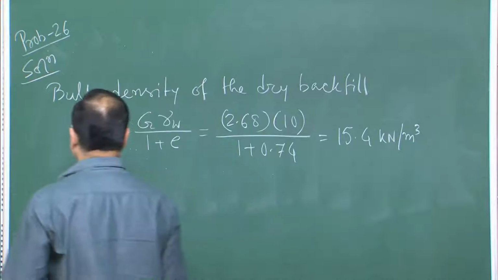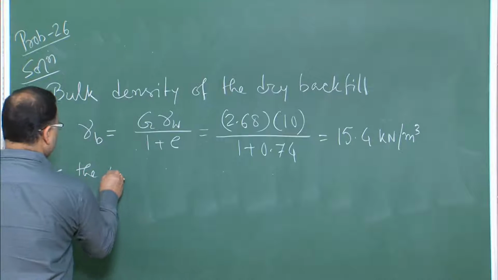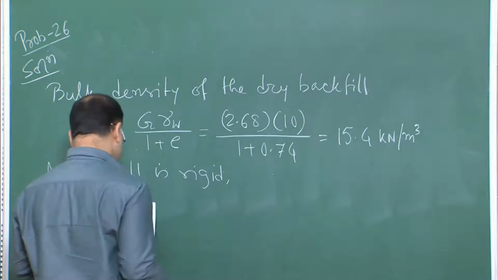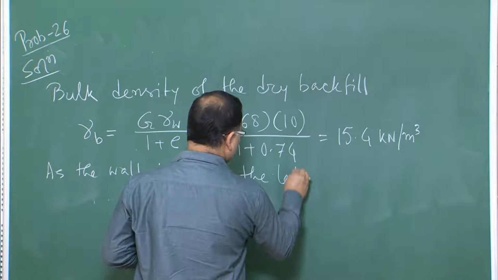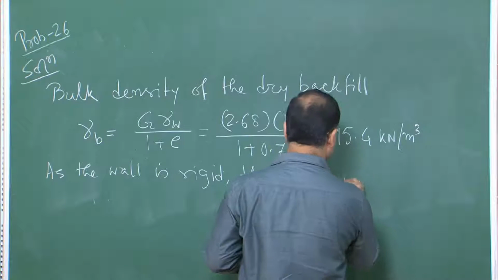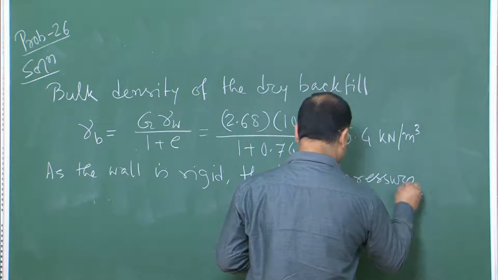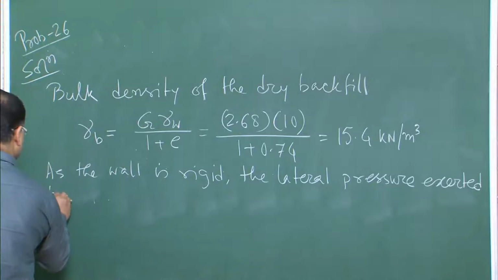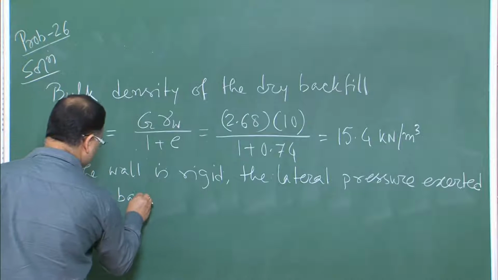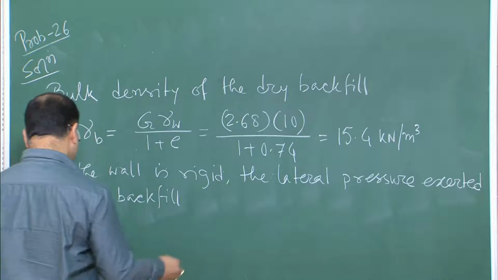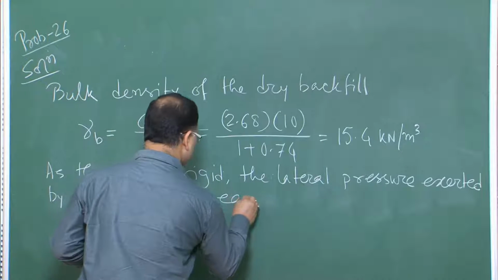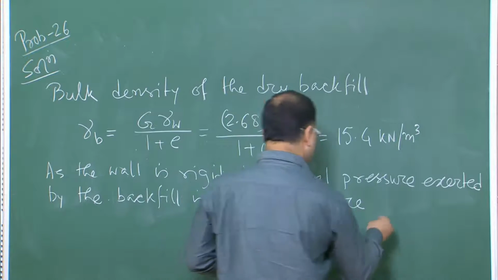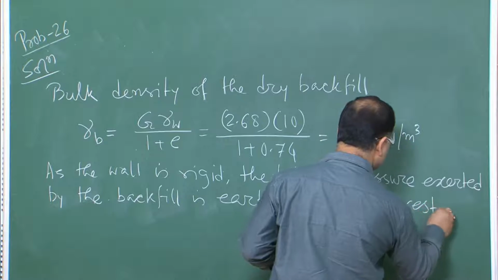So, as the wall is rigid, the lateral pressure exerted by the backfill is earth pressure at rest, right.